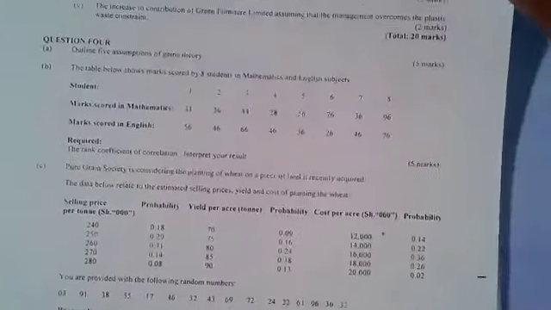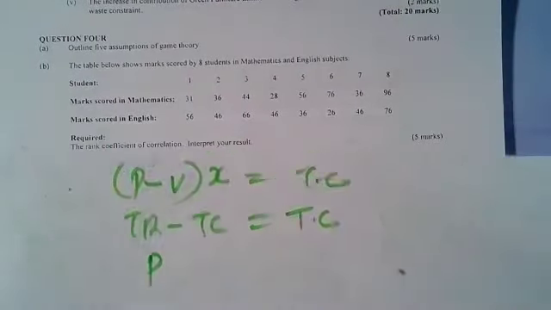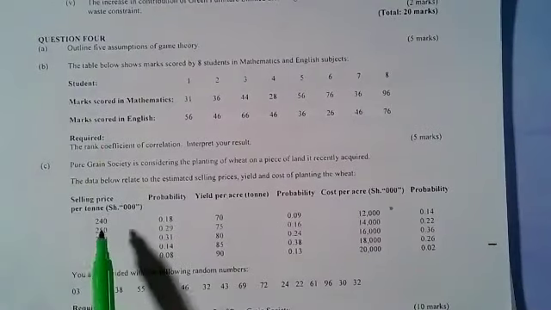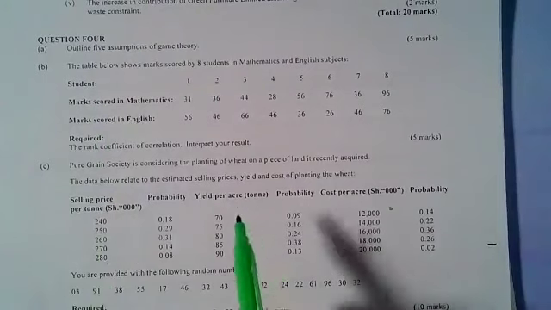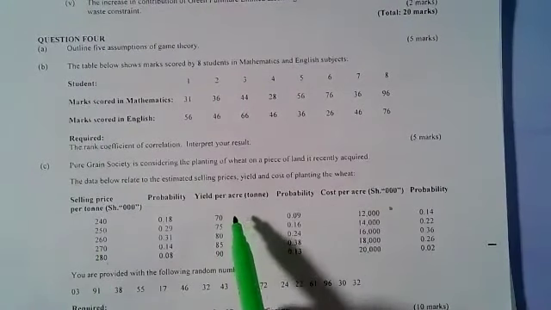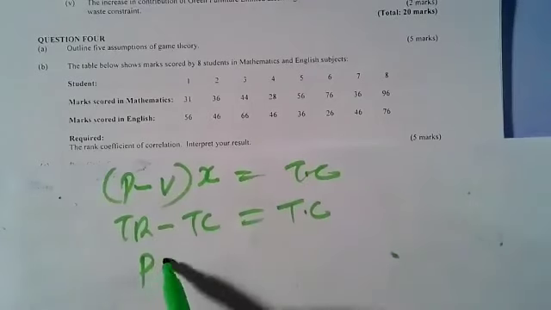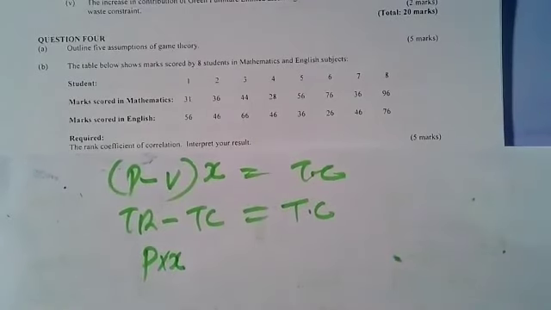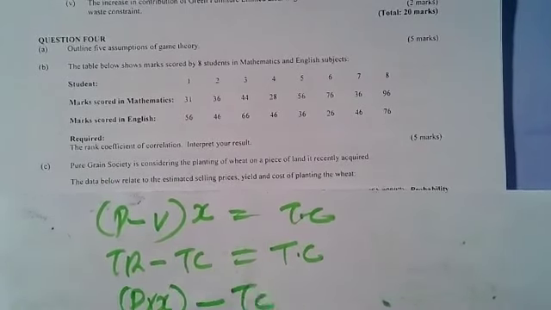Let me repeat again. You take the selling price, because this was given per ton. In short, it's the same as per unit. Then yield is the same as units. I am given yield per acre, so you multiply by X so that you can get the total revenue. Then after you get the total revenue, that's when you can less the total cost, because in this case, you're given the cost per acre.